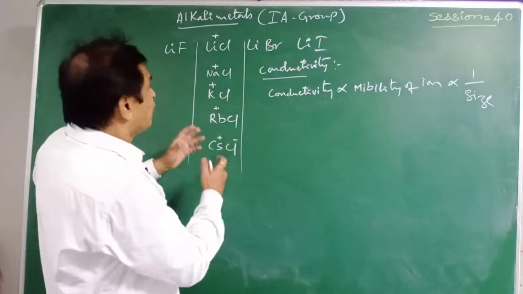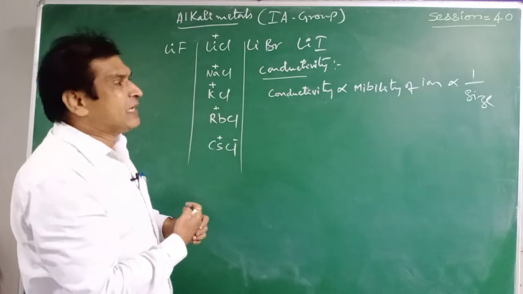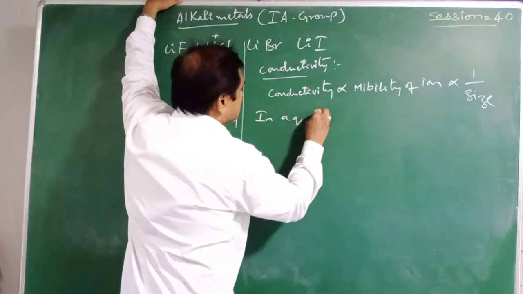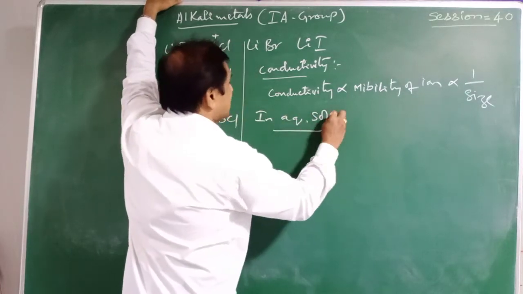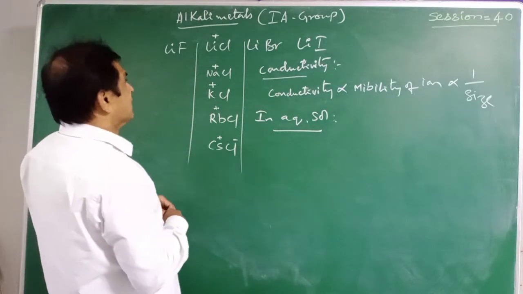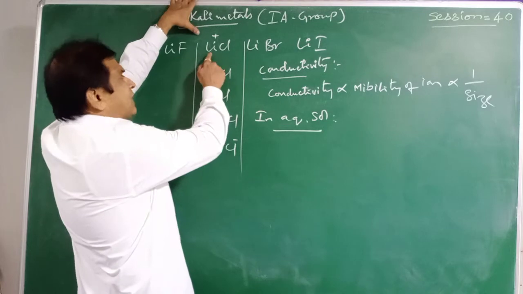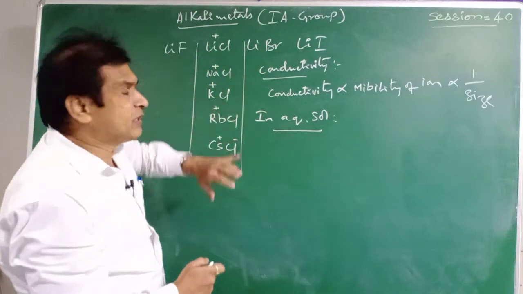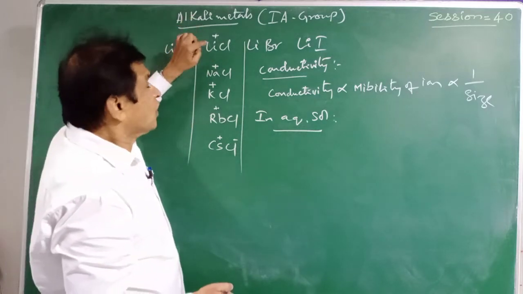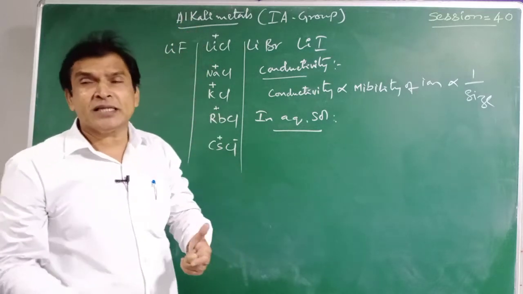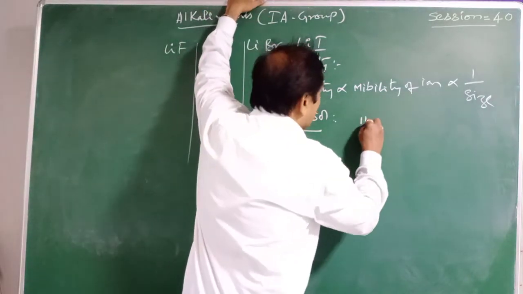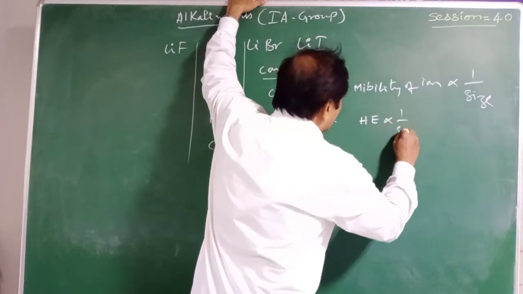Okay, now when it is dissolved in aqueous solution, what is the conductivity of the substances? In aqueous solution, lithium gets more hydrated. So when lithium gets more hydrated, the radius of the lithium ion becomes much bigger, because hydration energy is inversely proportional to the size.